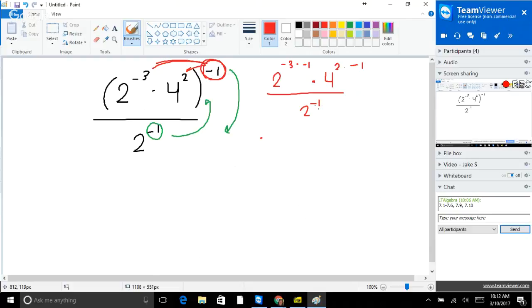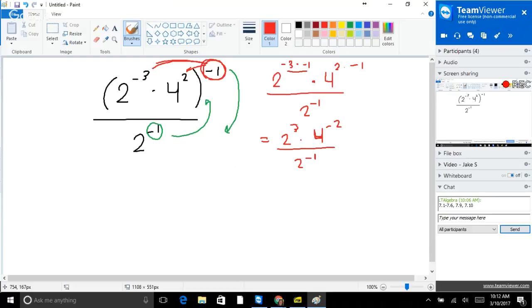So this becomes 2 to the -3 times -1, which is 2 to the 3rd, and then 4 to the -2 over 2 to the -1. Okay, is that all right so far? I'm distributing that, right?